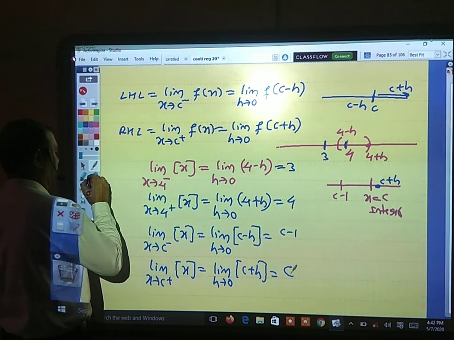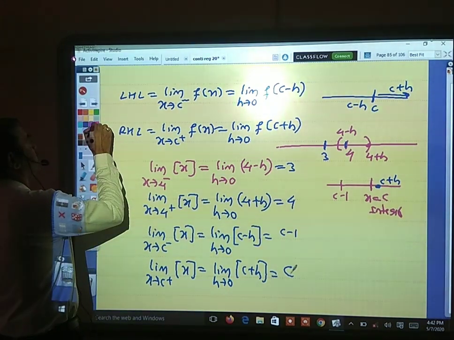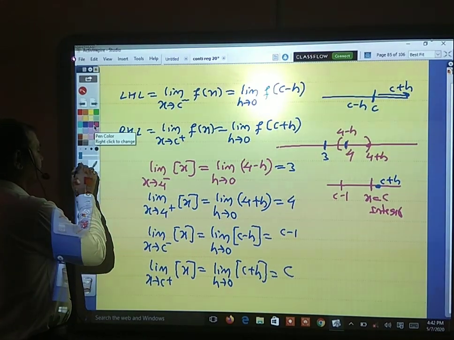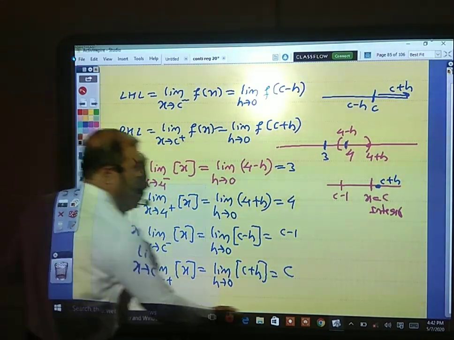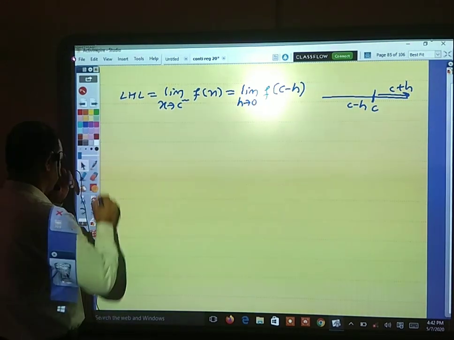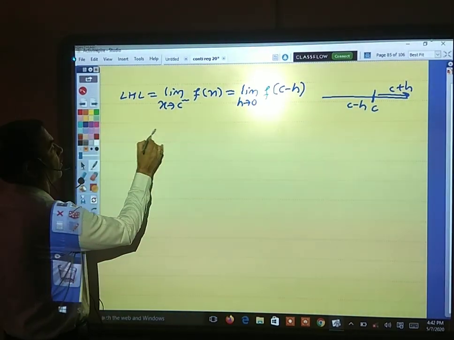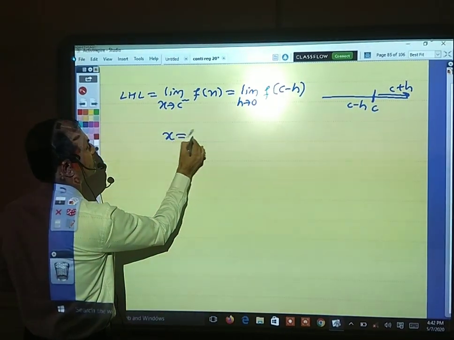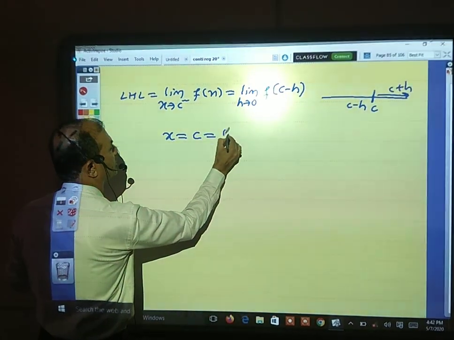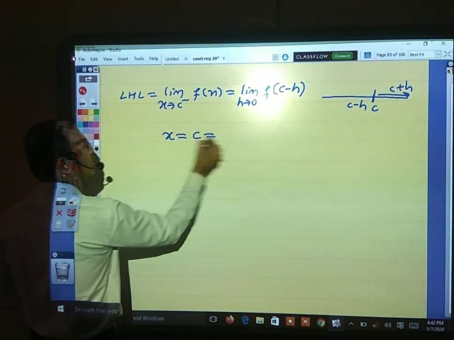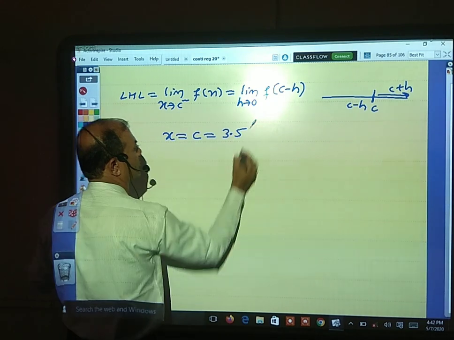And one more thing. If c is not an integer, suppose I take c equal to say 3.5.